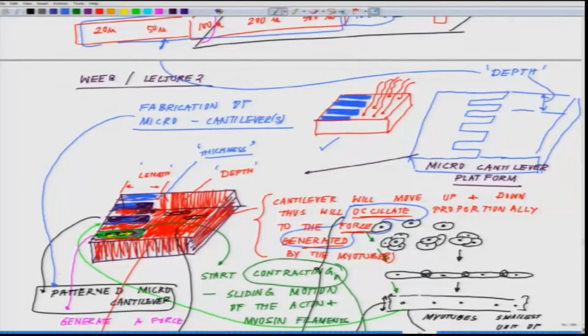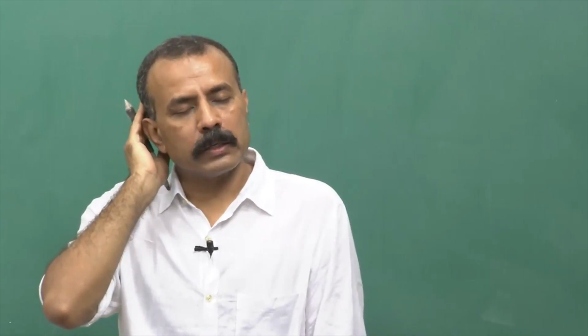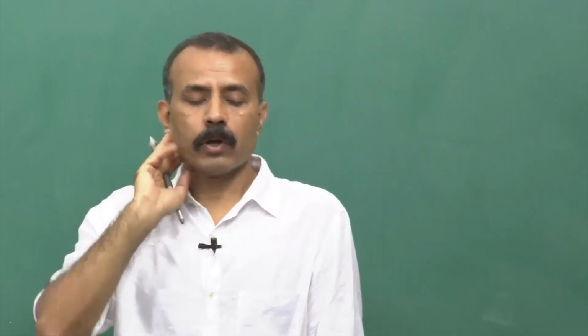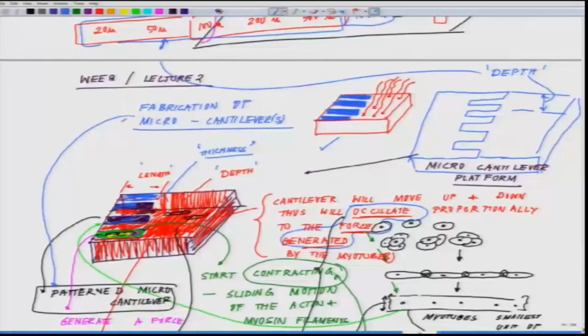After patterning you have a very finite space which is exclusively reserved on the top surface of the cantilever, where you can grow the cells, and based on your normal substrate data, those cells should form myotubes. And once these myotubes are formed, you look at them under the microscope.